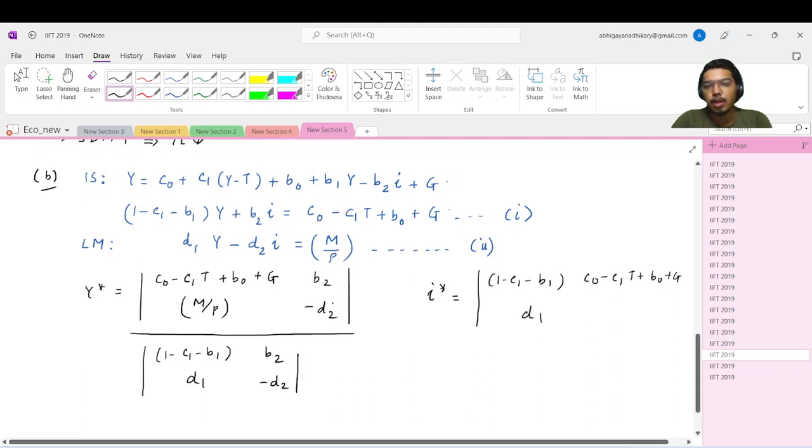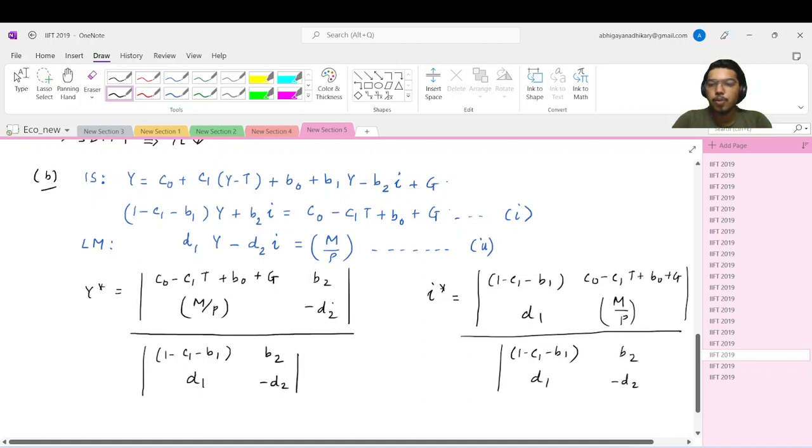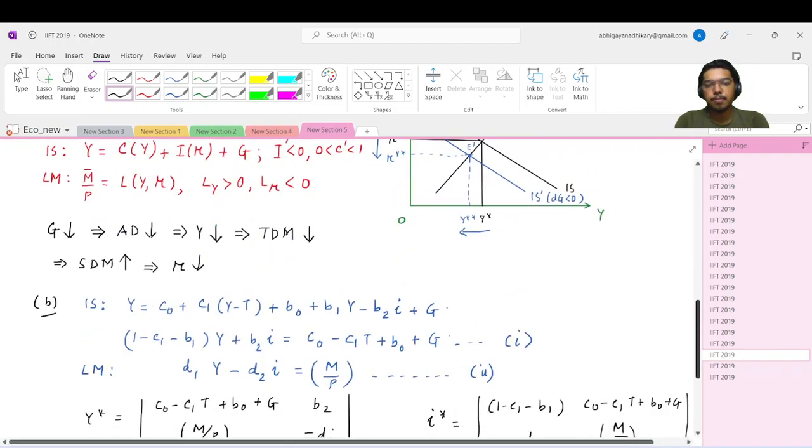This will be d1 m by p, and divide by the coefficient matrix, 1 minus c1 minus b1, b2, d1, minus d2. You can compute this out. This is not a problem; it can be done directly.